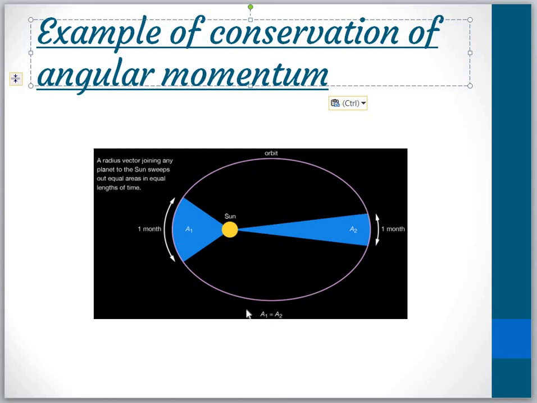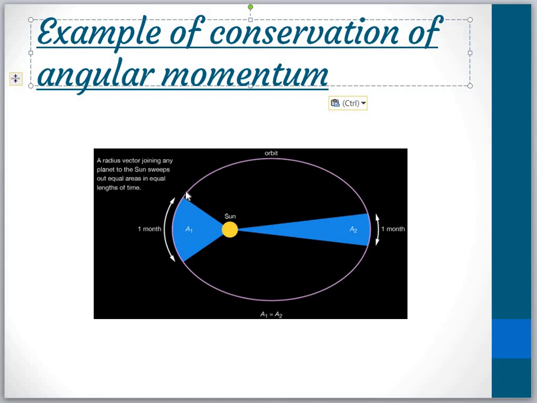We can also explain this in terms of conservation of areal velocity. We already discussed that when angular momentum is conserved, areal velocity is always conserved. In order to cover equal area in equal intervals of time, this distance is small and this is large. This is the area covered in 1 month, and this is the area covered in 1 month.